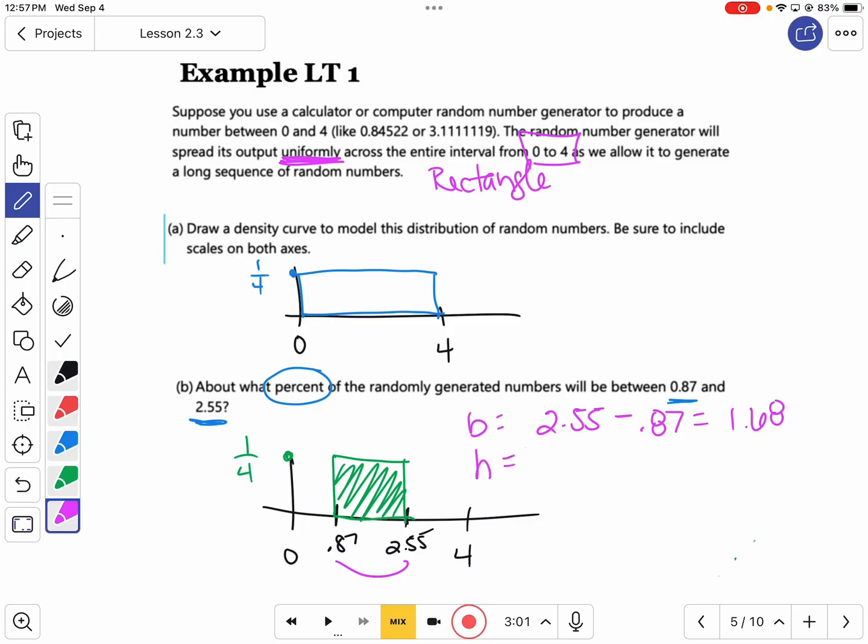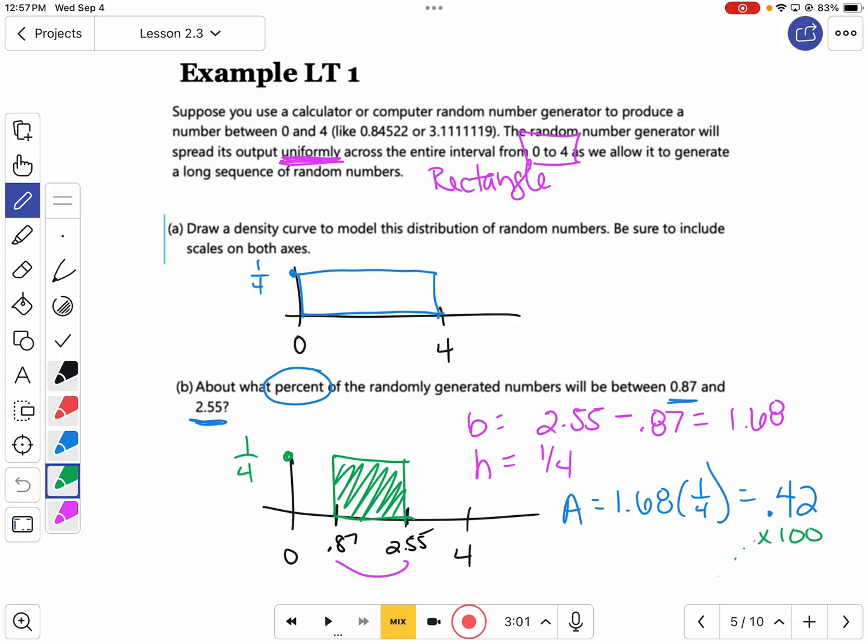All right, my height is still what? 1/4. And so to get my area, which is what I'm looking for, I'm going to do 1.68 times 1/4. Right? Now, it's going to give me a decimal when I do that. I think 0.42. Right? That is not a percent. It's a decimal. So how do I make it a percent?